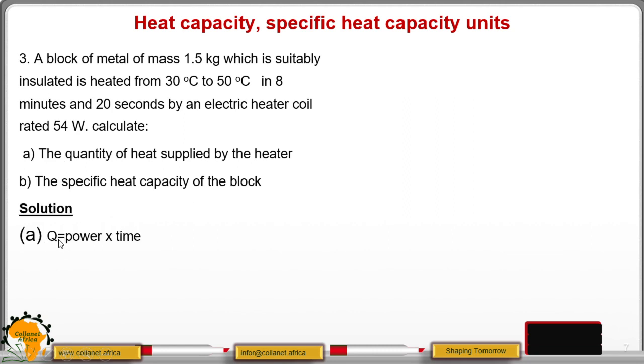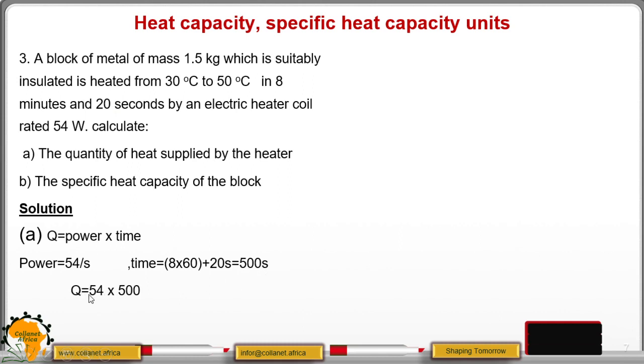We have seen that the energy that is applied by the heater is always given by the power times time. We are given the power as 54 watts, and the time is 80 minutes and 20 seconds. So we convert 80 minutes to seconds, that is 80 times 60, and then we add 20 seconds. You get that the total time will be 500 seconds.